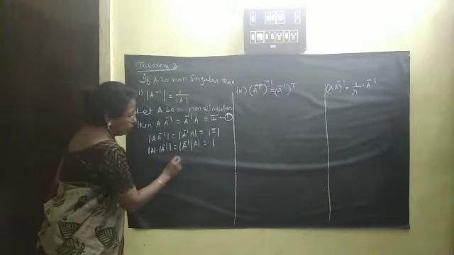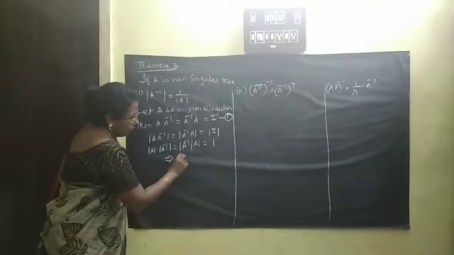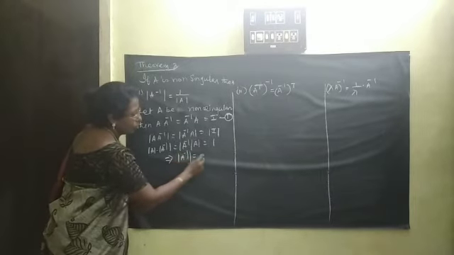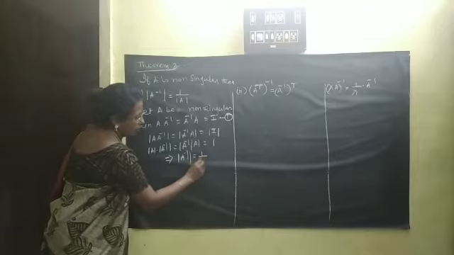So this gives you determinant A inverse is equal to 1 by determinant A.